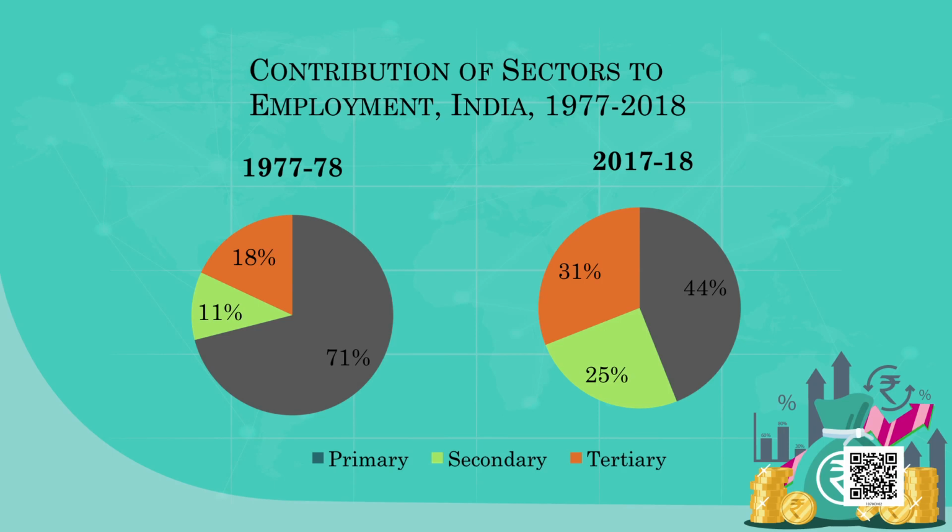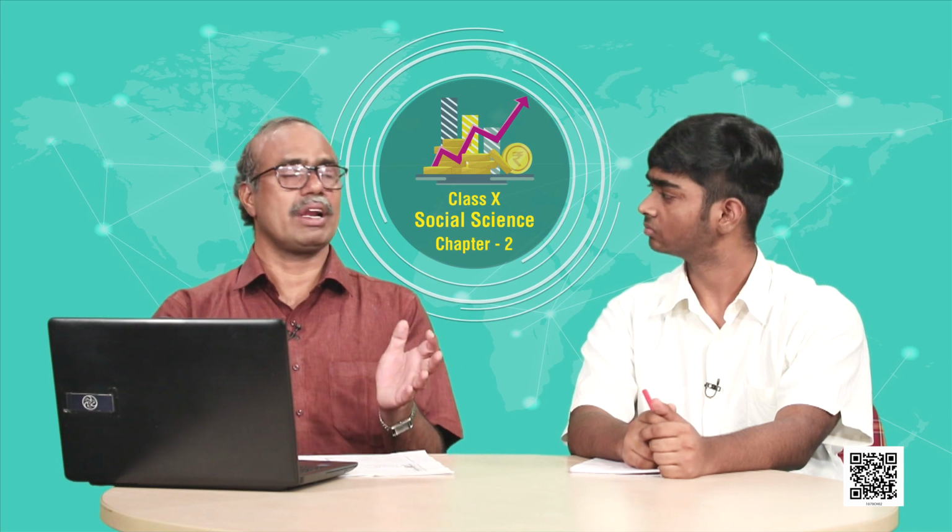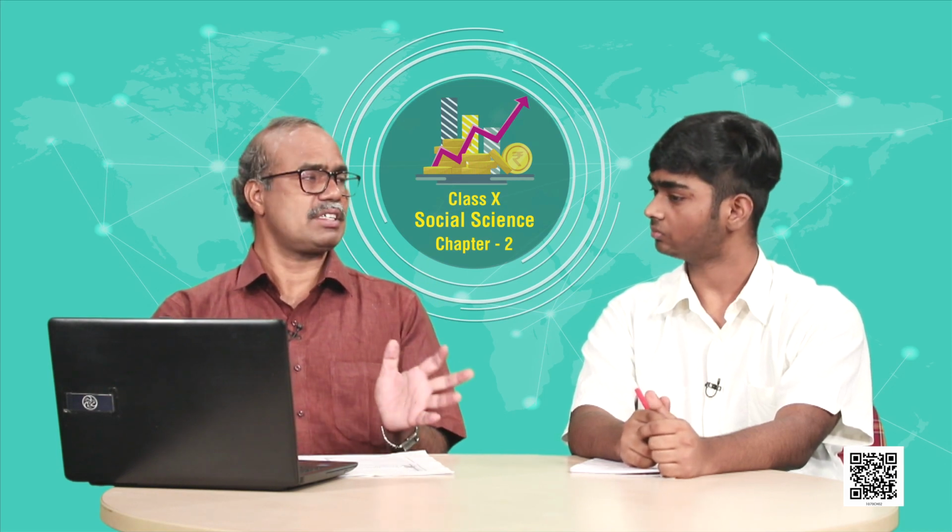How much is it increasing? Almost 13% share it has increased. In terms of employment also, the service sector is contributing more. The factory sector, which is in light green color, has increased from 11% to 25%. So how much has it increased in terms of contribution? Secondary sector means people working in factories, in electricity, in the construction sector.